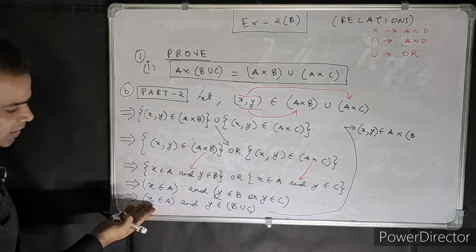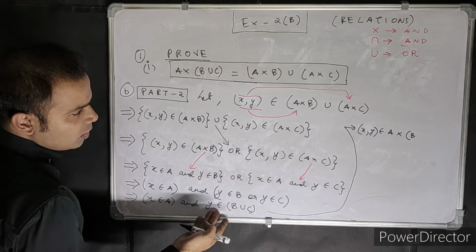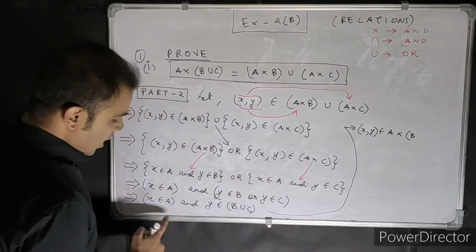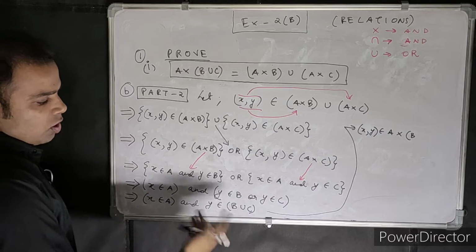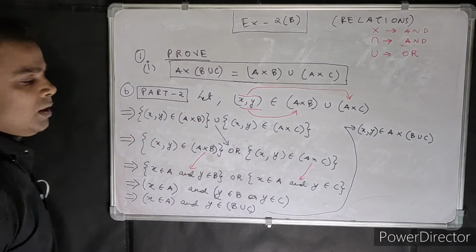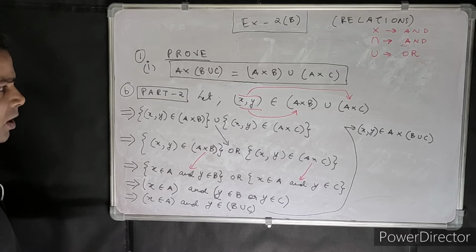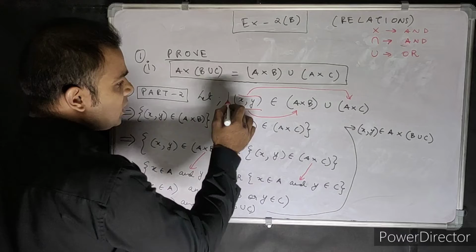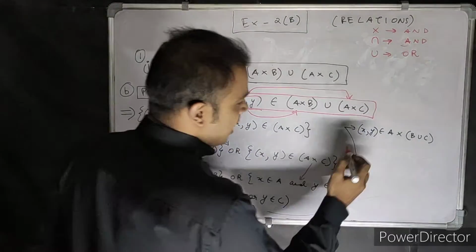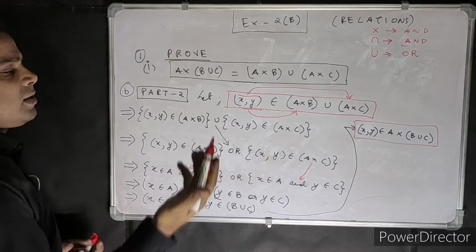Look, X belongs to A, Y belongs to B union C. So now we got the coordinate X comma Y belongs to A cross B union C, like that only. What did we get? Look students, we started from here and we ended here, and both of these things are the same thing.